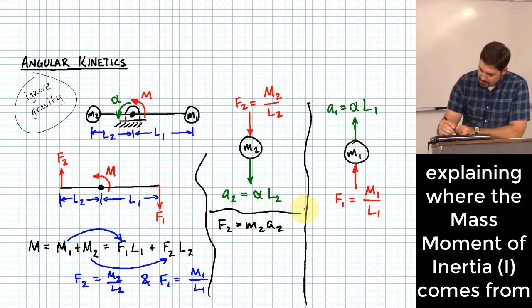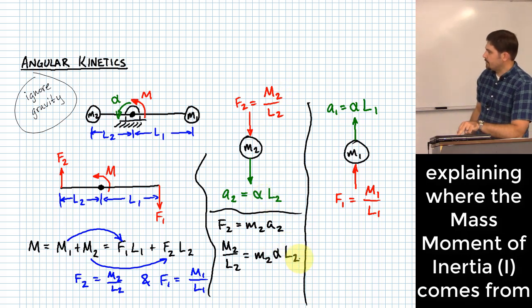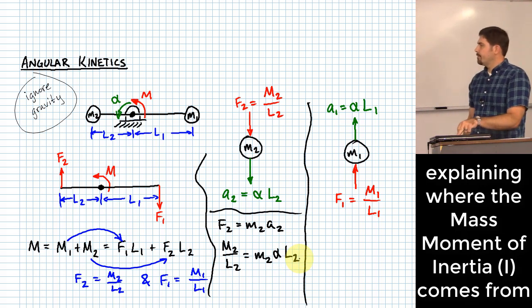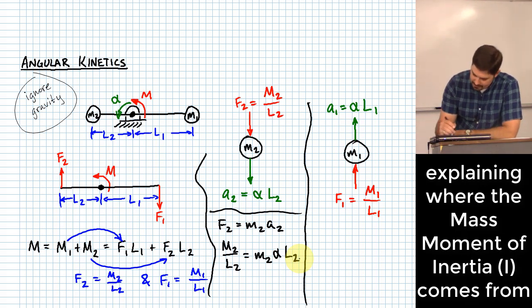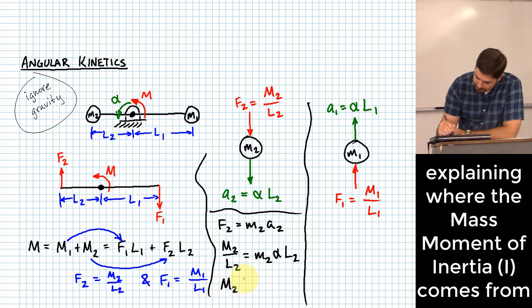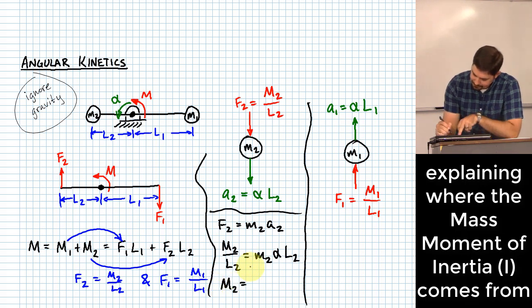Well, if that's the case, then we can say M2 over L2 is equal to m2 times alpha L2. Okay? Or we can kind of recollect this in a little bit different way, and we can say that M2 is equal to m2 L2 squared alpha.